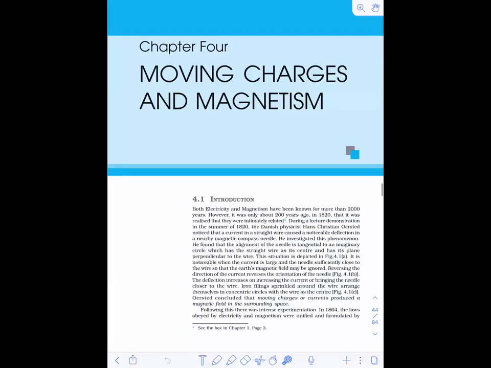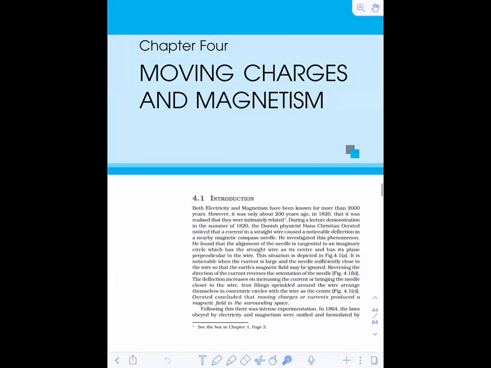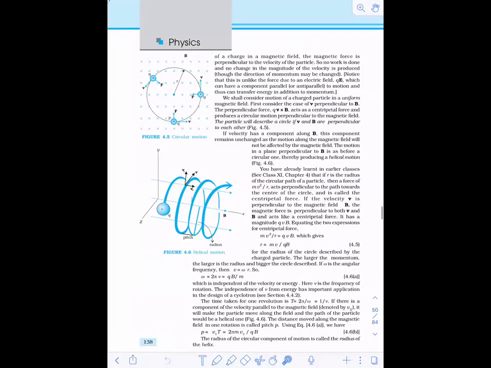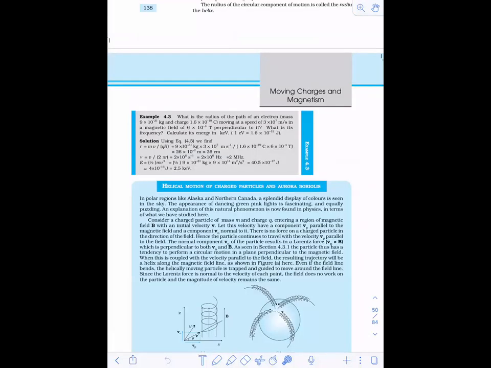Now coming back to the questions of the chapter. Did anyone solve the questions?